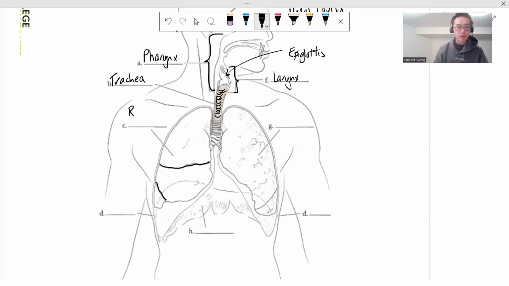So this is the right lung, and there is a superior lobe, middle lobe, and you probably guessed it, right? There is an inferior lobe as well.